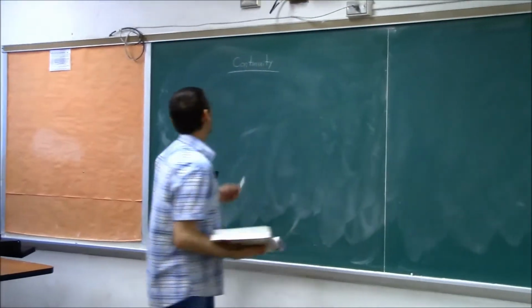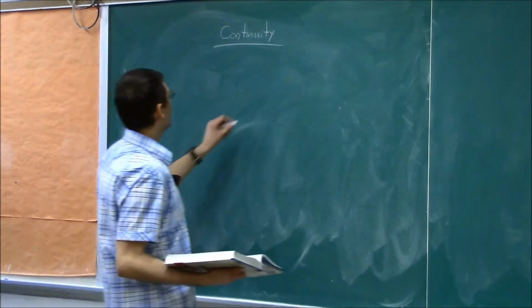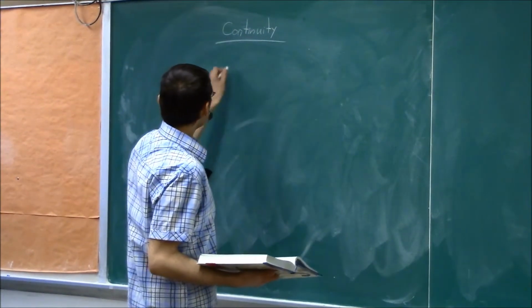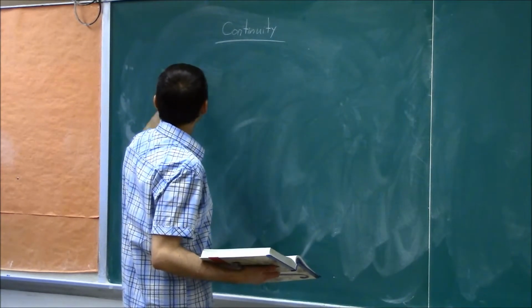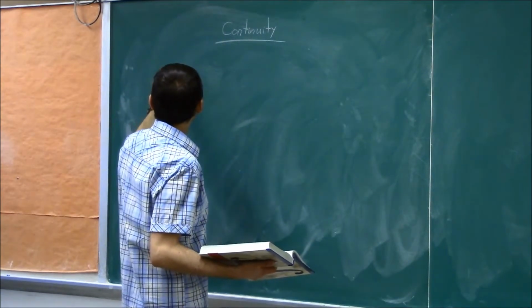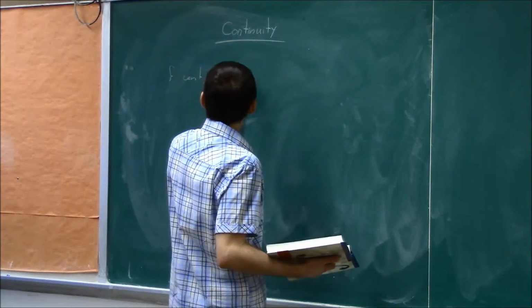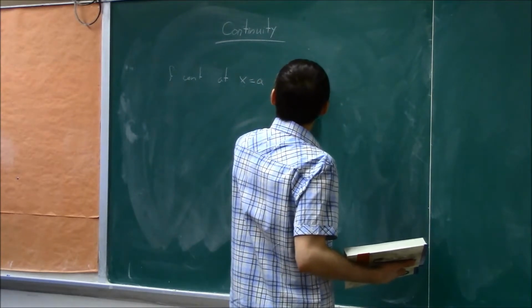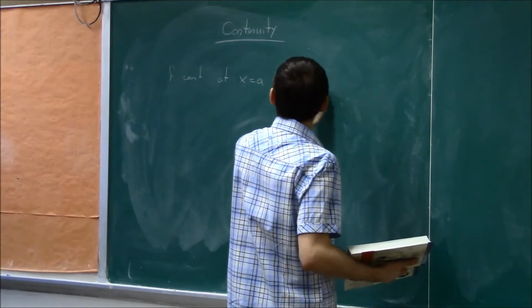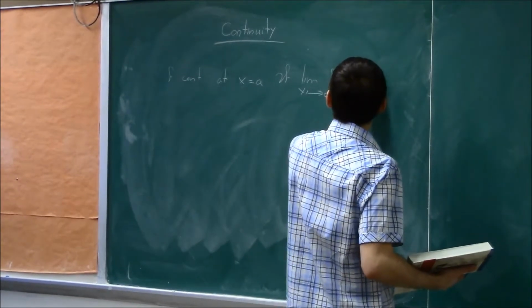Okay, now let's review a few things about continuity. So remember that continuity means that a function is continuous at the point x equal to a if the limit as x goes to a of f of x happens to be f of a.